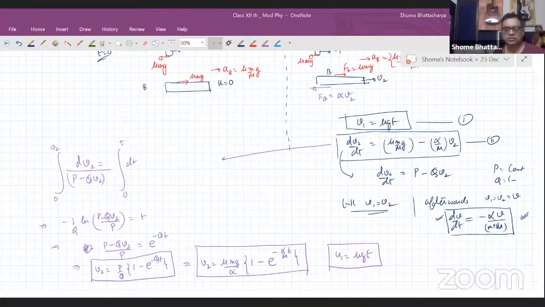Yeah, sorry, this equation will be v naught minus mu g t. So v1 will be v naught minus mu g t, because it has the initial velocity.